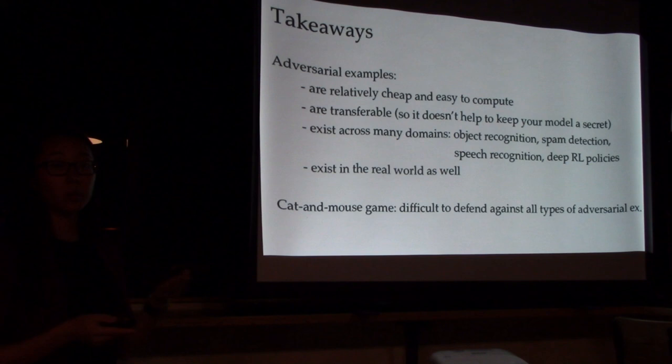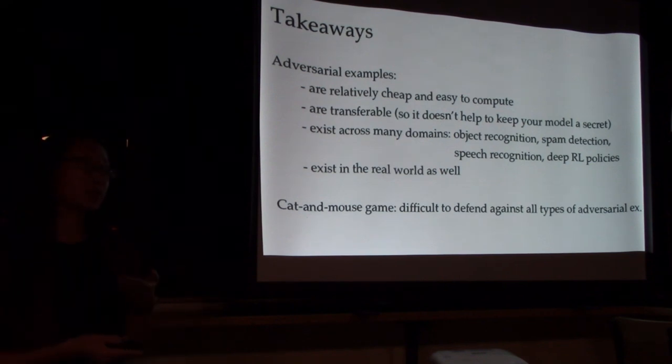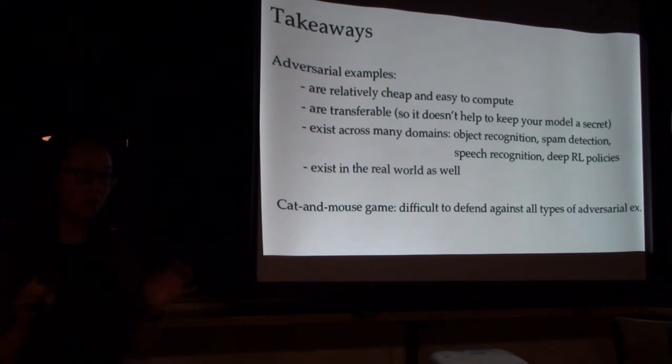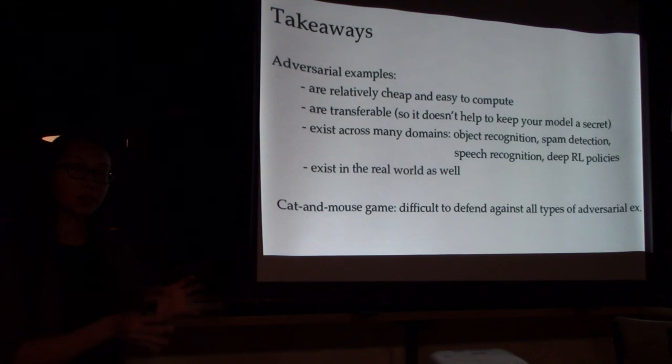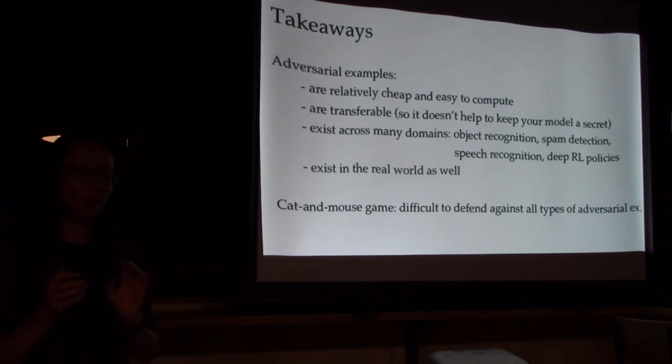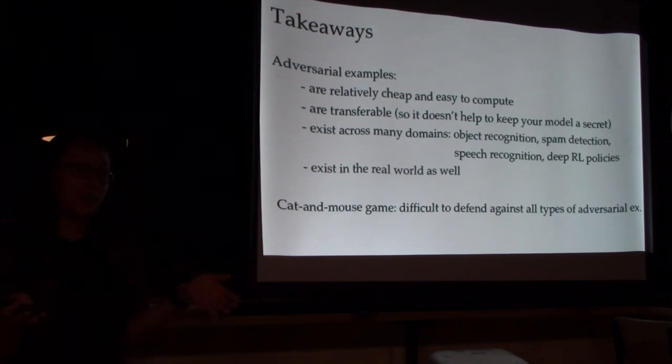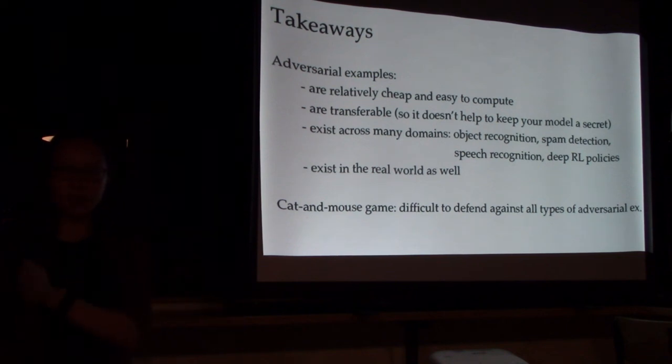And they exist in the real world as well. That's especially recent work. There was a recent work where they took a picture of a turtle, and a picture of a turtle with a small sticker or something next to it. With the original image, the neural network can very easily recognize it's a turtle, but with the new image, it thinks it's a rifle.